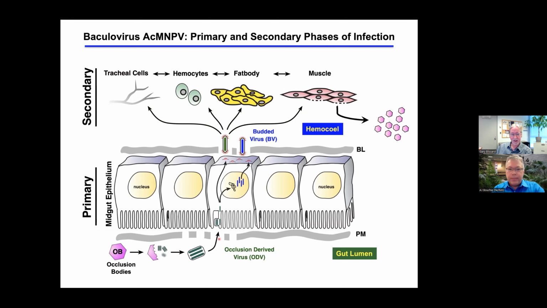When the animal eats them and releases this form of the virus, it enters the cell, the virus replicates, and makes new progeny. These little rods are very characteristic of this form of the virus. In fact, baculovirus is named for the Latin baculum, which means rod, after these structures that form. These are basically called nucleocapsids.